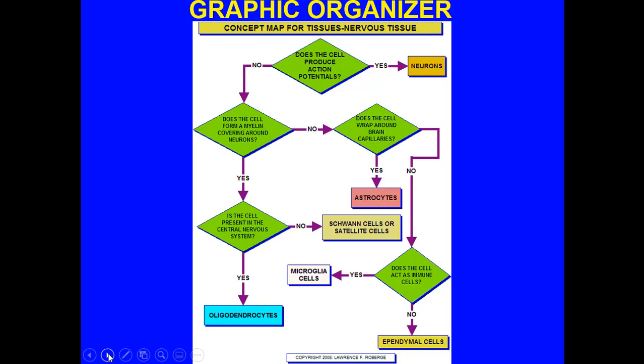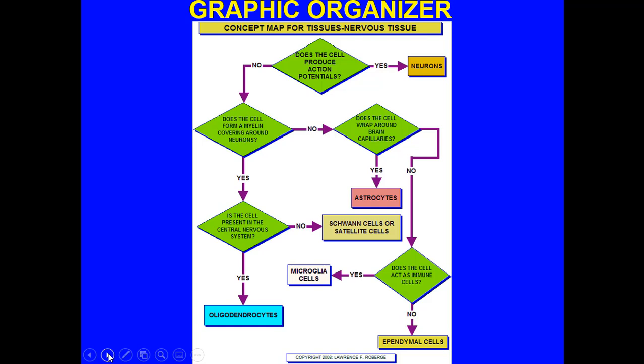Does the cell form myelin coverings around the neurons? If it's no, then you start getting into these other unique cell types. Does the cell wrap around brain capillaries? Yes, astrocytes. If it's no, does it act as an immune cell? Yes, it's microglia. If it's no, it is ependymal cells, and you'd only find those really in the ventricles.